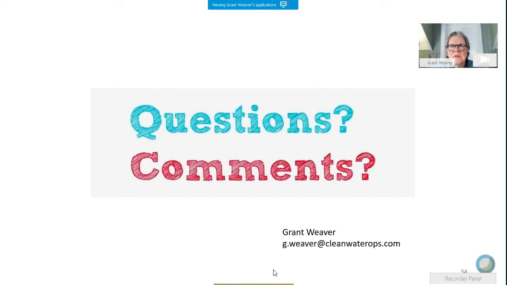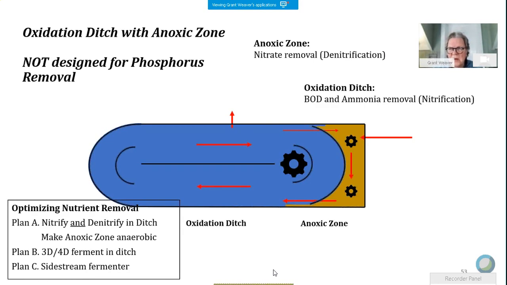My theory is that in warm weather, if I go back into this diagram, let's say we've got this nitrifying and denitrifying in the ditch, converting ammonia to nitrate and nitrate to nitrogen gas. And we're using this zone for VFA production, and the phosphorus removing bacteria are consuming the VFAs in this zone. And as they do, they release phosphorus in solution.